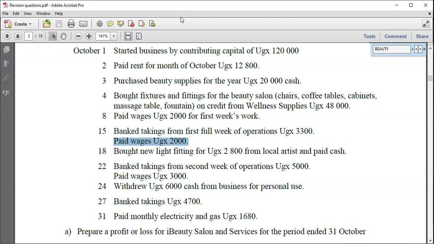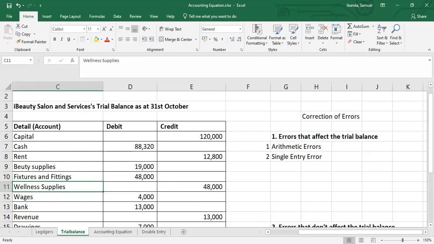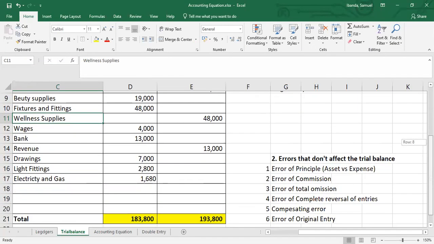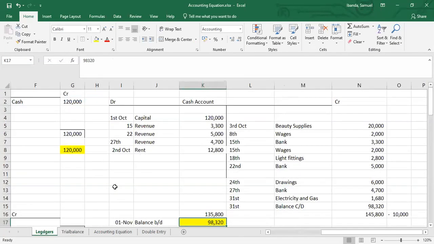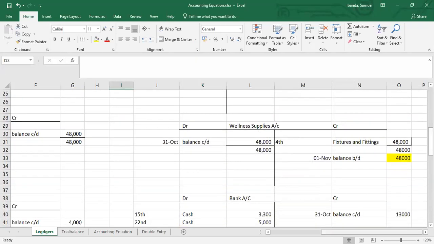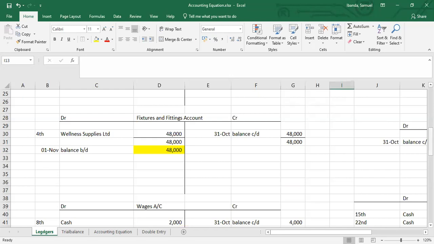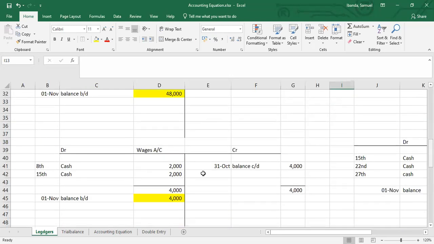Now, when you come here, if that was the case and we didn't record our wages of 2,000, remember we said we debit wages and credit our cash.